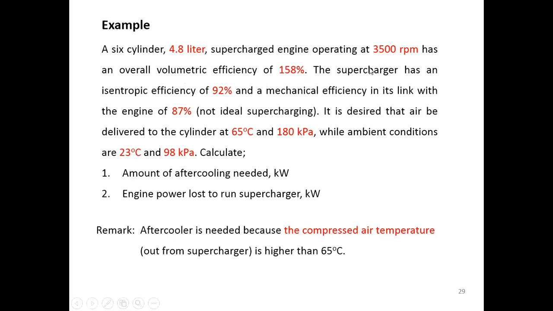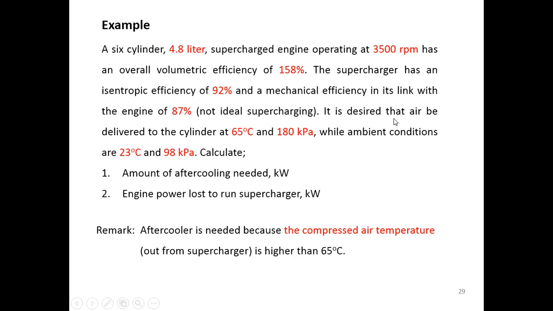The supercharger has an isentropic efficiency of 92% and a mechanical efficiency in its link with the engine of 87%. So it is not an ideal supercharging. In the previous example, we assumed it was the ideal one, so the mechanical efficiency was equal to 100, but now the mechanical efficiency is just 87%.